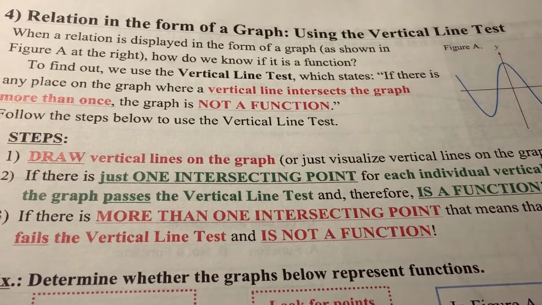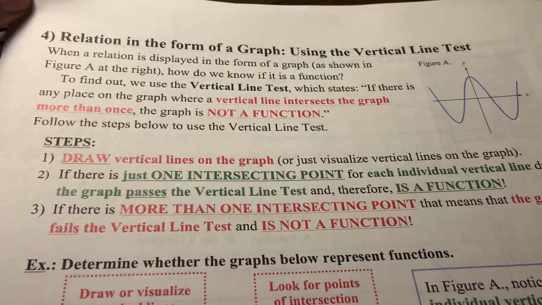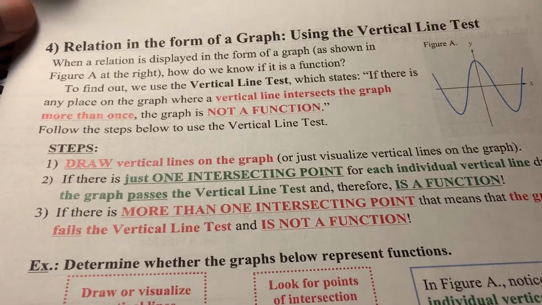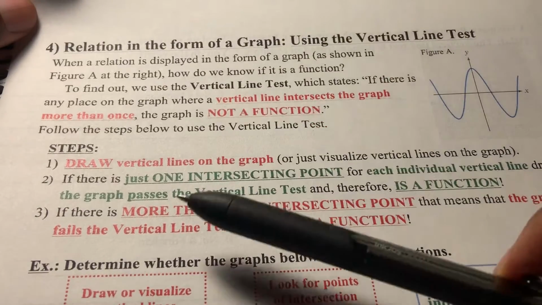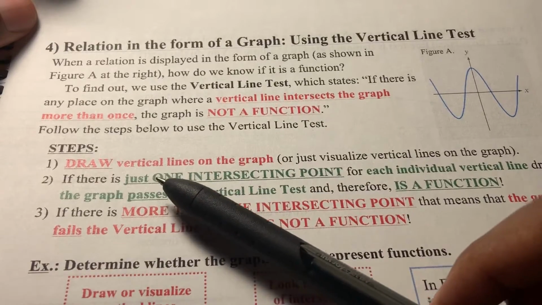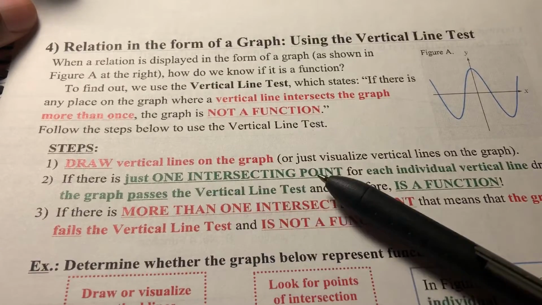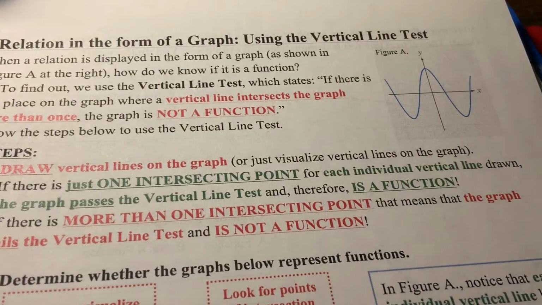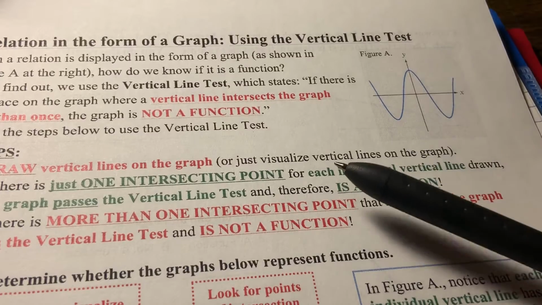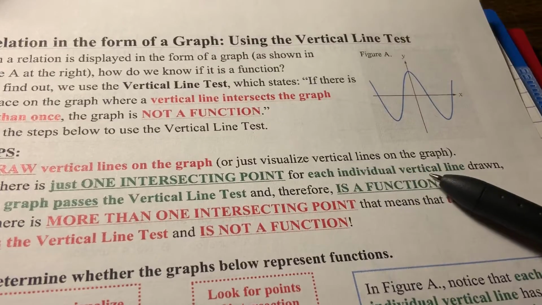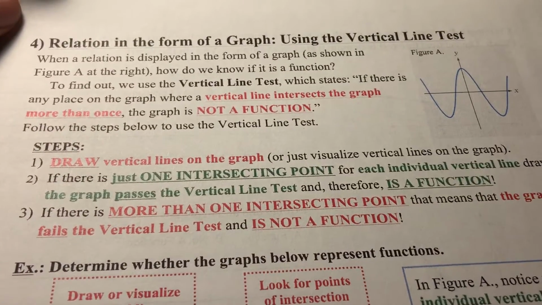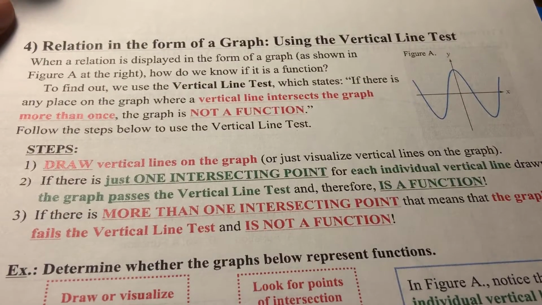So after we draw or visualize vertical lines on the graph, step 2 says, if there is just one intersecting point, again, that's the key, just one intersecting point for each individual vertical line drawn. Okay, that's another very important part. Each individual vertical line drawn, the graph passes the vertical line test.